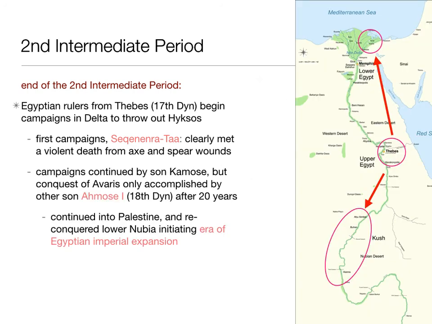But eventually they were successful. His son Kamose pushed into Avaris, the capital, pushed into the Delta as well. But it was only one of his other sons, Ahmose, the first of the 18th dynasty, that succeeded in conquering Avaris. So you can see it was a long process.